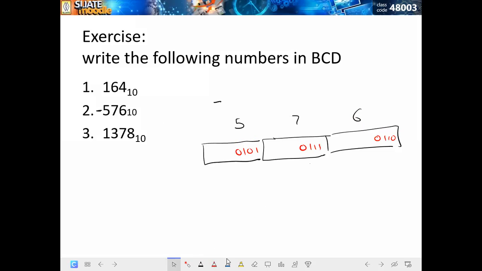Then I am going to write the zone. The first zone at the right side represents the sign. Now the sign is a negative value this time, so we are going to write 1101. Other zones we are going to write 1111, 1111. So that's the answer, right?